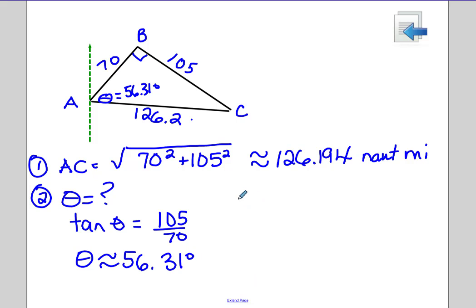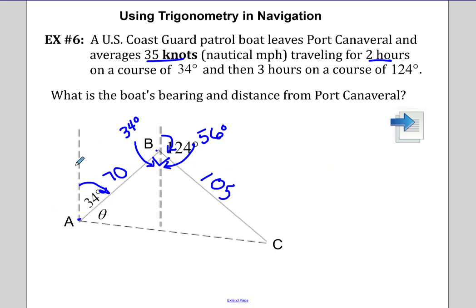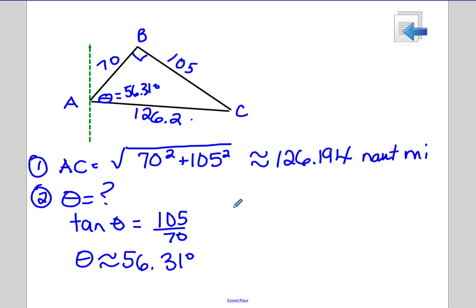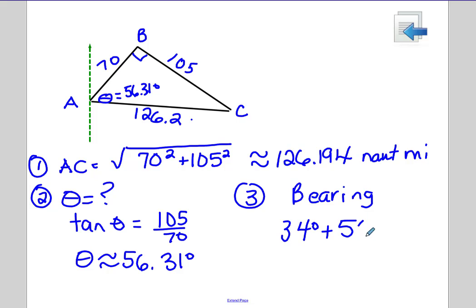And to find the bearing, this angle was 34 degrees. So the bearing goes off the north. We're going 34 degrees first. So our bearing is going to be 34 degrees plus another 56.31 degrees.